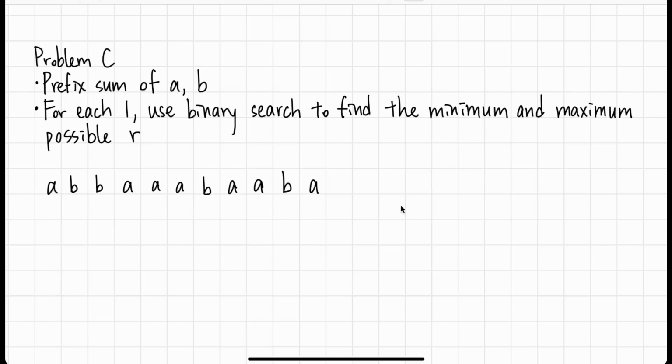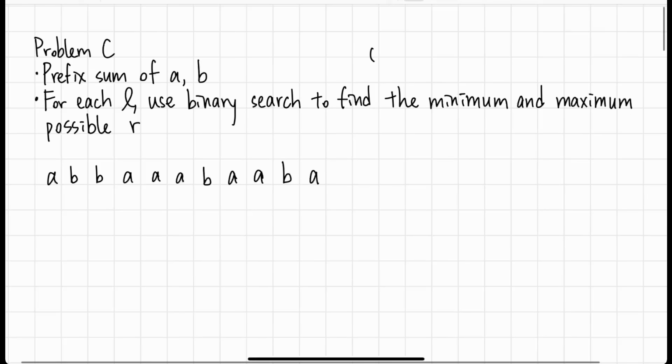So if we want to do this, we can use prefix sum because this would directly give us the number of A's and B's in a certain range without having to calculate it each time. So using prefix sum will allow us to calculate the number of A's and B's in a particular range quickly. After we do this, we can loop through the number L. So we want to find possible L's and R's, right?